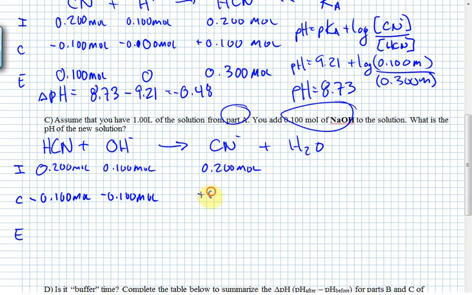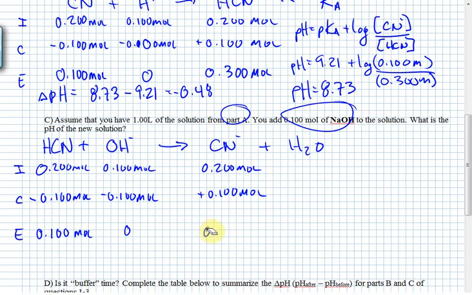The cyanide is going to increase by 0.100 moles. Okay. At equilibrium, therefore, I'm going to have reduced the amount of the HCN. Hydroxide is going to be essentially 0. The CN minus concentration is going to be increasing. It's going to be 0.300 molar.